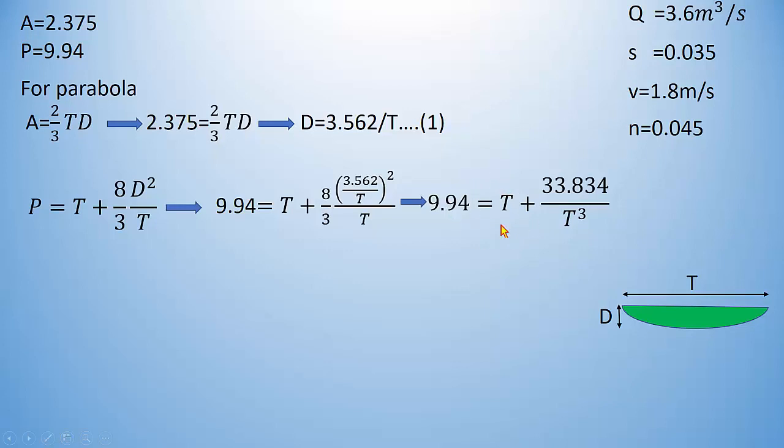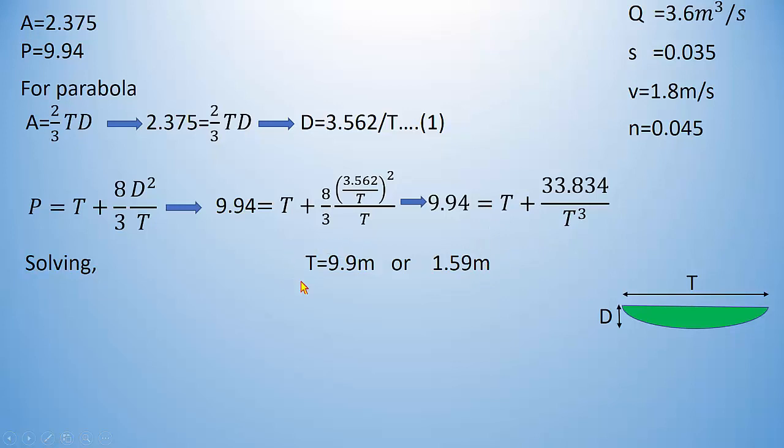Solving this equation, we get the value for t as 9.9 meter or 1.59 meter. The other solutions of t are not real numbers, they are complex numbers, so we don't need them.